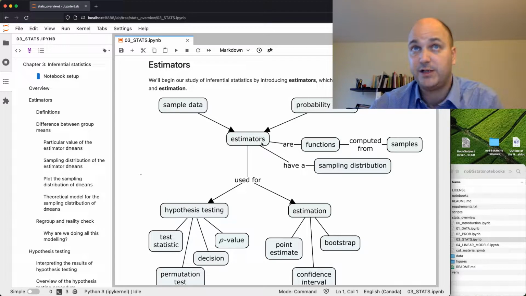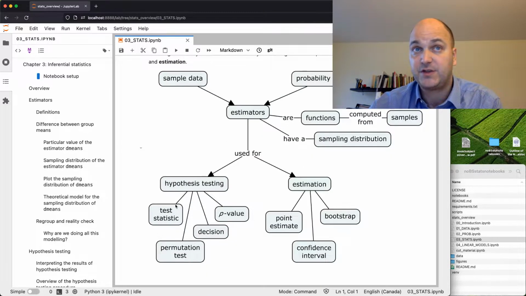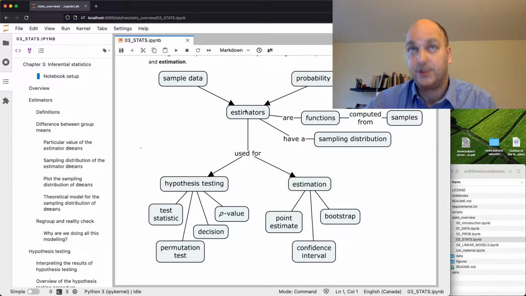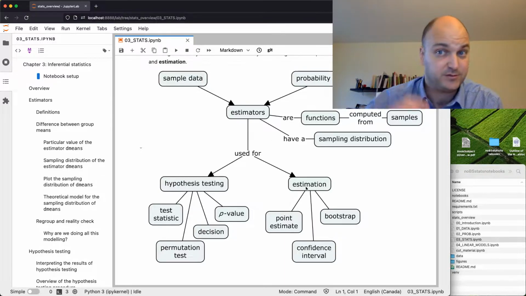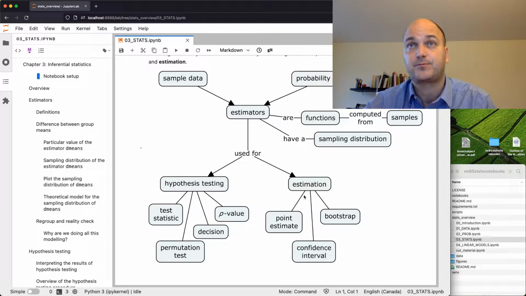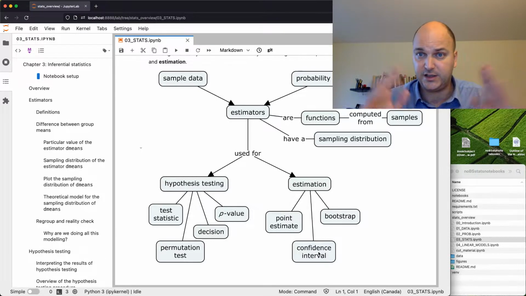Okay, and why do we do this? Because hypothesis testing and estimation are both uses of estimators. Here we're going to use estimators to estimate, surprise, surprise, and not just get a number, but be able to obtain the variability of our estimates.